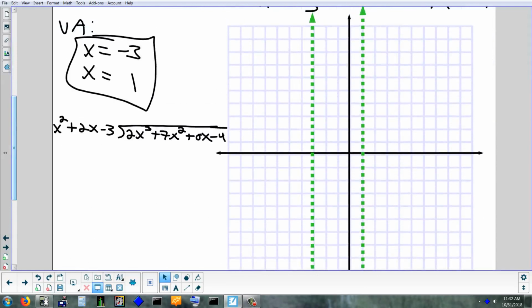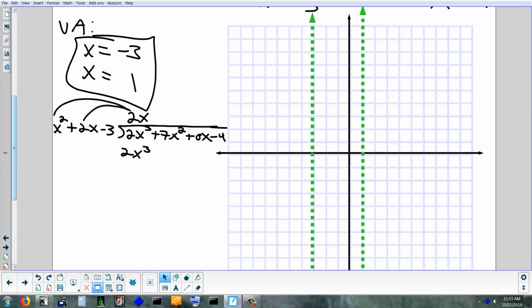Okay, so let's start by dividing x squared into 2x cubed. Nick, if I divide x squared into 2x cubed, what do I get? You would need 2x. Yep, I agree. 2x. Multiply it back out to everything. 2x times x squared is 2x cubed.